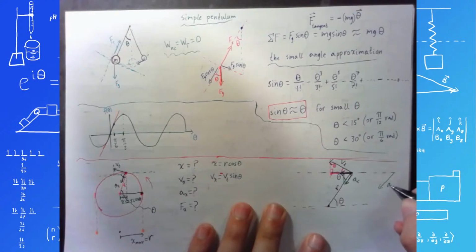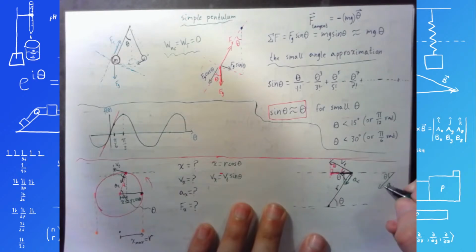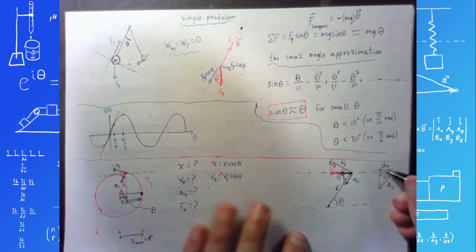There's a centripetal acceleration, drew it a little bit bigger. This angle we already showed is theta. So if I drop a perpendicular here and make a right triangle, then this over here, AX, is just going to be the adjacent or cosine component for this triangle.